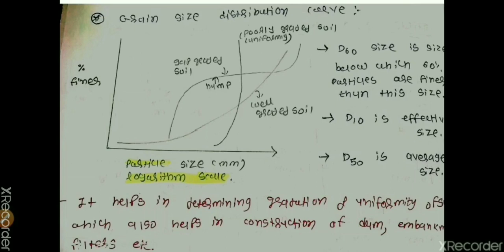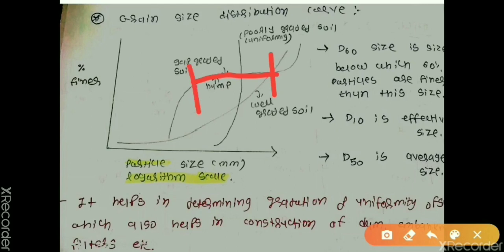Now the third one is gap graded soil. Why is it gap graded? Looking at the well graded soil, if I draw some flat portion in that curve, it shows that certain sizes are missing in that part.